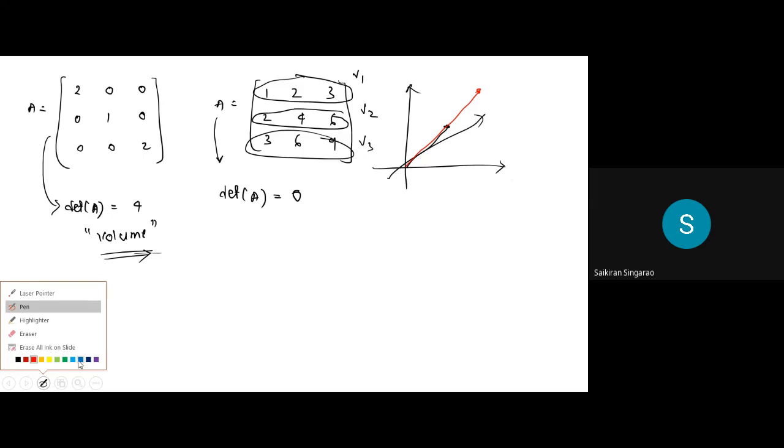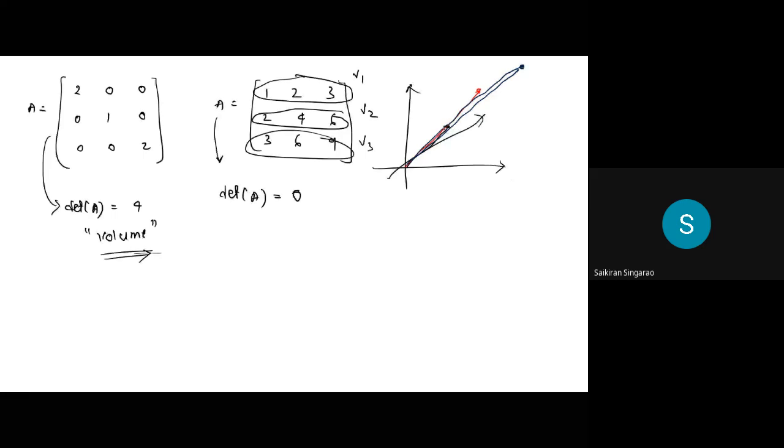The third one is also on the same line, but 3 times the length: 3i cap, 6j cap, 9k cap. So what will be the volume formed by these 3 lines? They are collinear vectors, so the volume formed by them is basically 0, right?